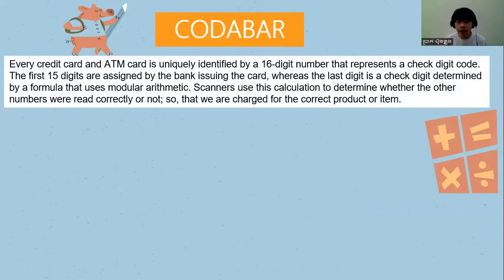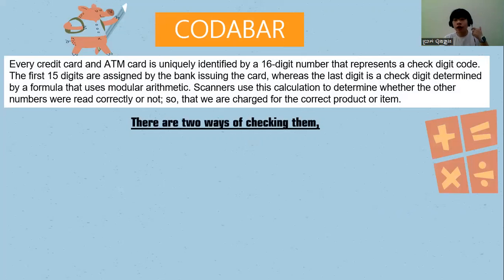The first 15 digits are assigned by the bank that issued the card, whereas the last digit is a check digit determined by a formula that uses modulo arithmetic. The scanners use this calculation to determine whether the number was read correctly or not, so that we can charge for the correct product or items.